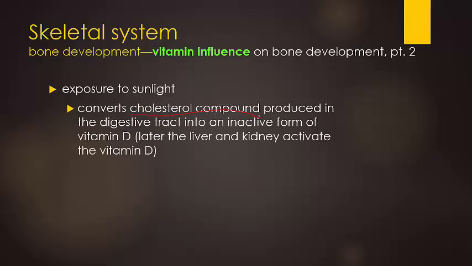And it converts this cholesterol compound into an inactive form of vitamin D. And then later on, both the liver and the kidney are going to be involved in activating that vitamin D so that it can actually be involved in the processes of absorbing calcium at the small intestine.